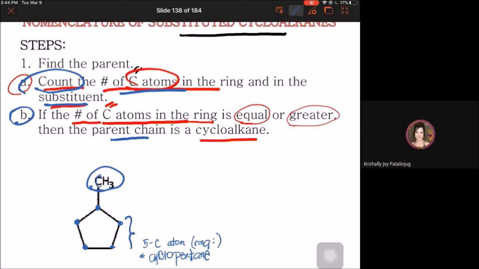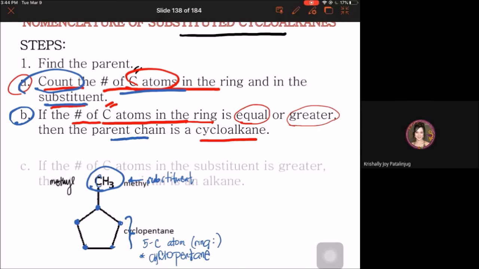So in this case, this CH3 is obviously just a substituent. And you already know what that substituent is. That is methyl. Continue. So cyclopentane, then you have a methyl.